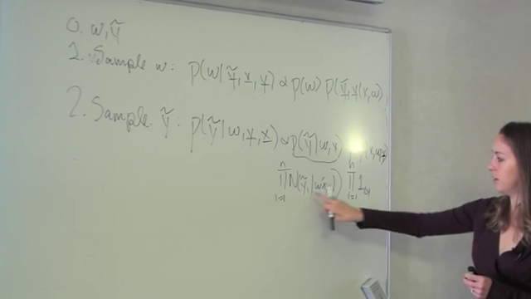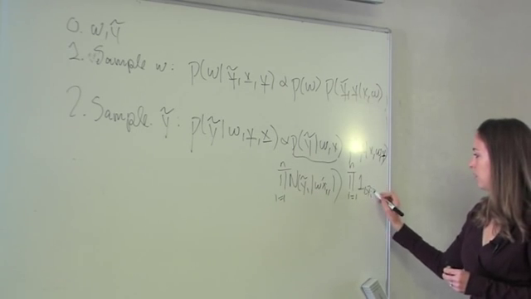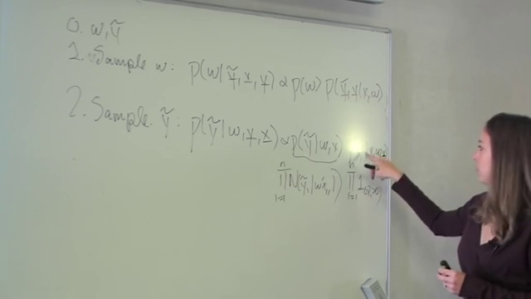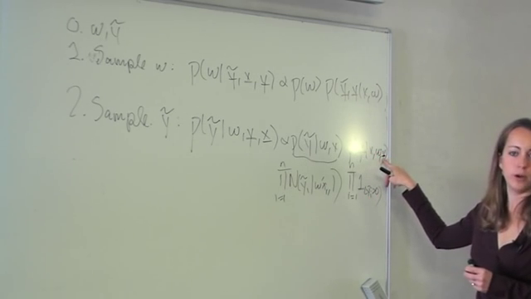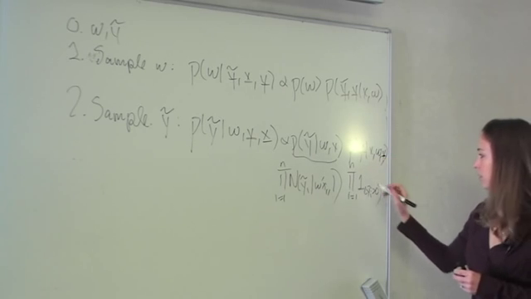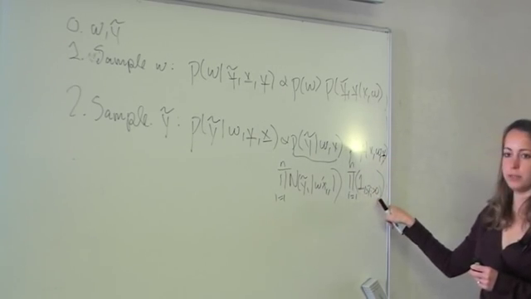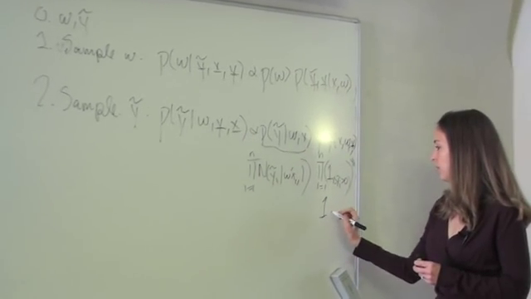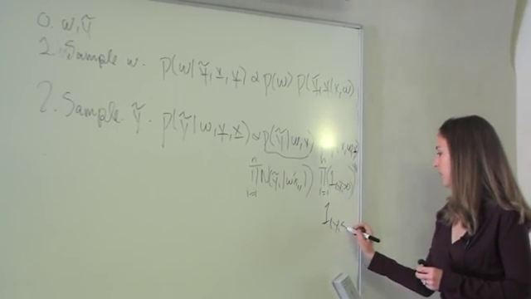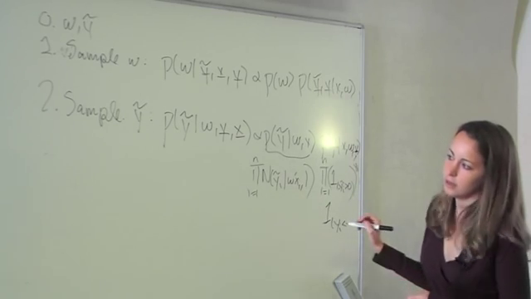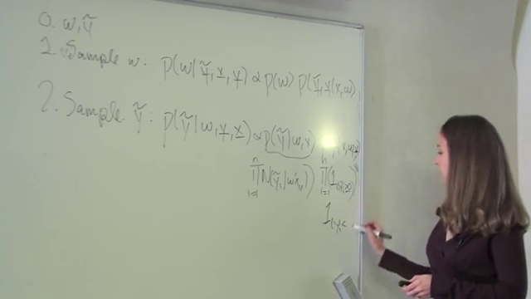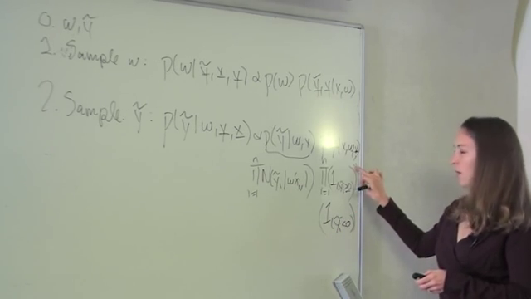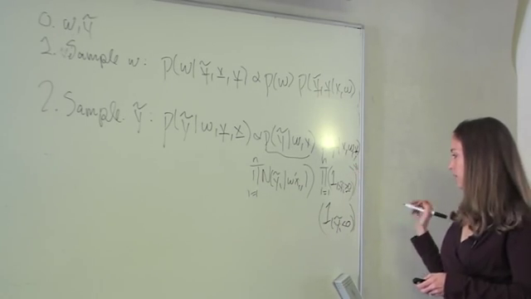So yi tilde must be bigger than 0 if y is equal to 1, and yi tilde is less than 0 if our observed y is equal to 0.